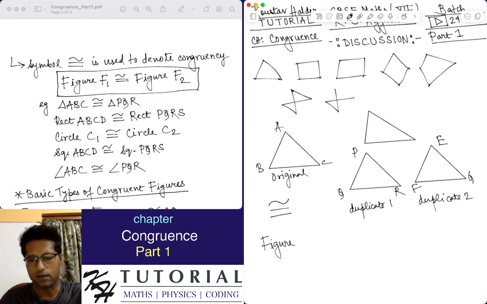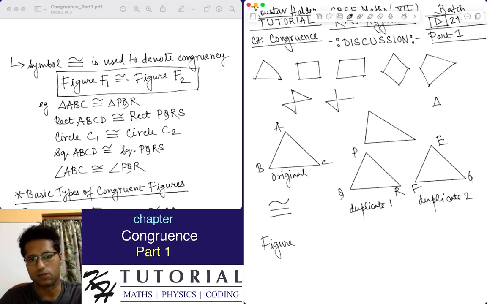So we first write the figure or any symbol related to the figure, and then we write the name of the figure, just like in the triangle, we can say ABC. The convention is we specify what type of figure it is. It could be a symbol like triangle. We use a small triangle symbol for triangle.